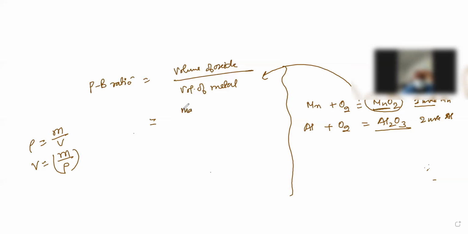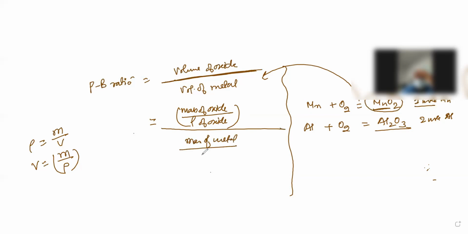So if I put mass of oxide divided by density of oxide, then I will get the volume of oxide, the upper one, the numerator. Then I divide by mass of metal divided by density of metal, right? Is it fine? Till here it is fine?